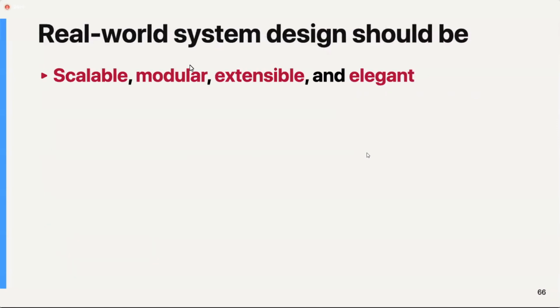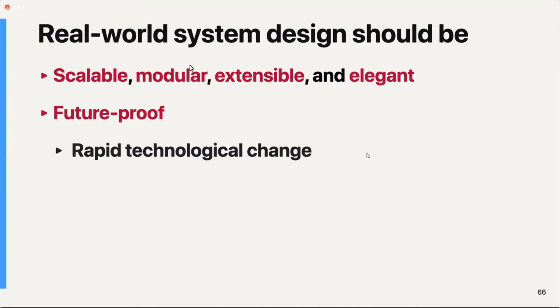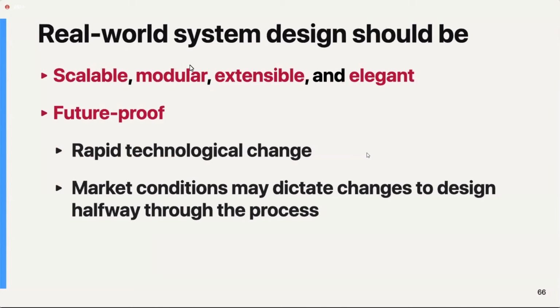But in real-world designs, we care about things that are beyond performance in most cases. For example, we care about scalability, modularity, extensibility, and elegance of our design. We also care about future-proofness. We want the ability to accommodate rapid technological change, and also varying market conditions, because these may dictate some of the changes to the design.